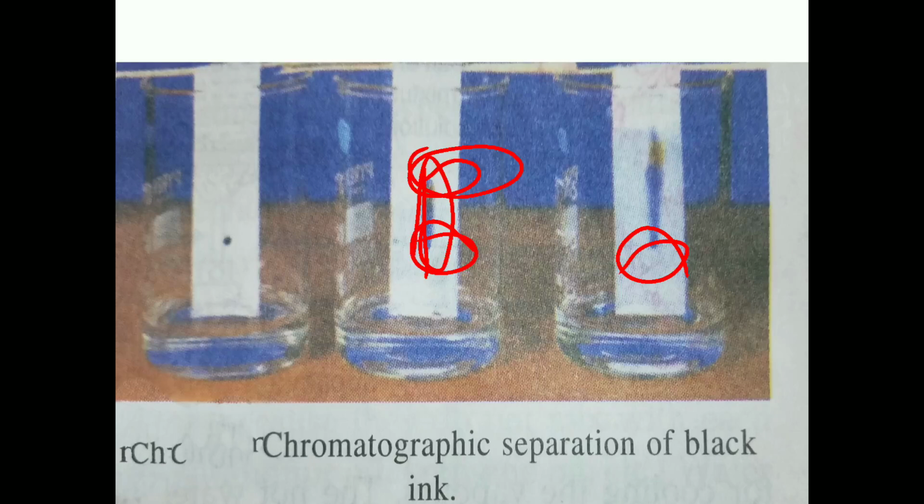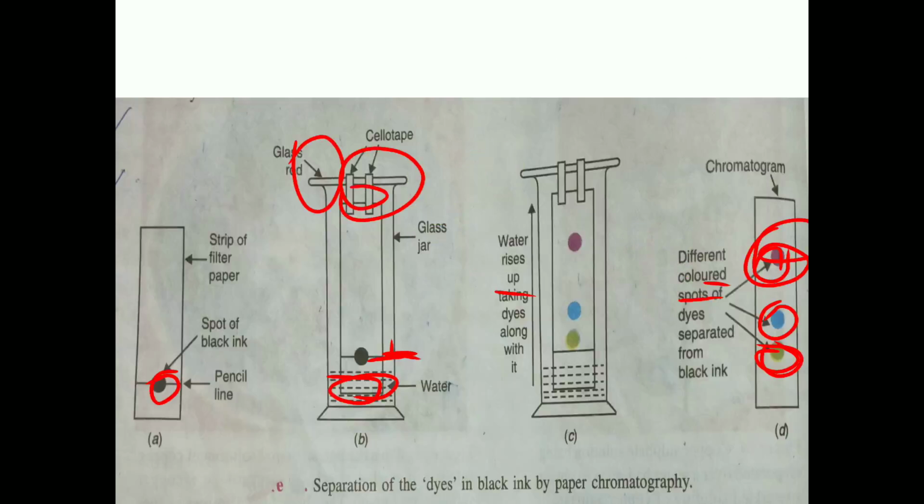When the water reaches near the top end of the filter paper strip, the paper strip is removed from the jar and dried. The paper with its separate colored spots is called a chromatogram. In this way, what happened?